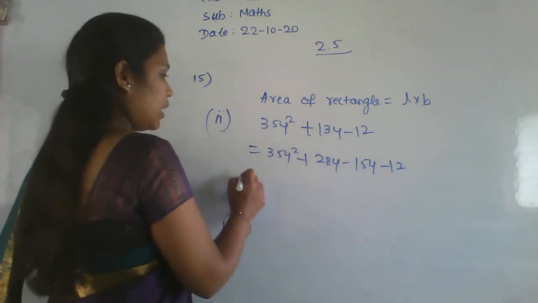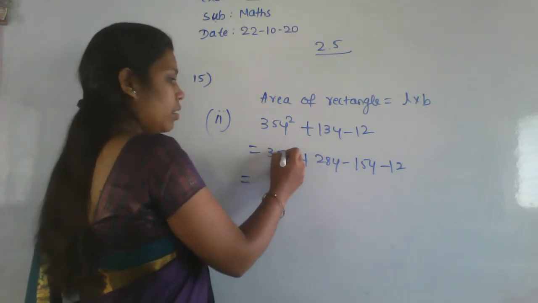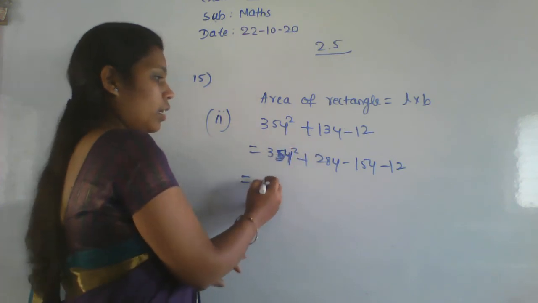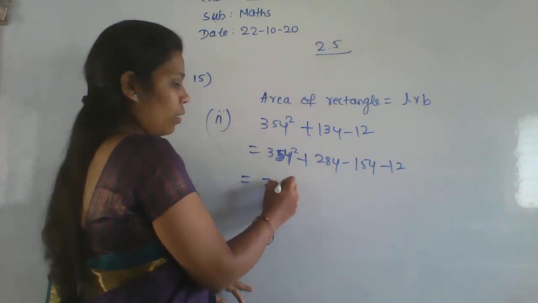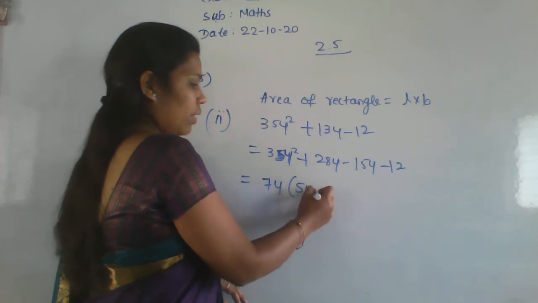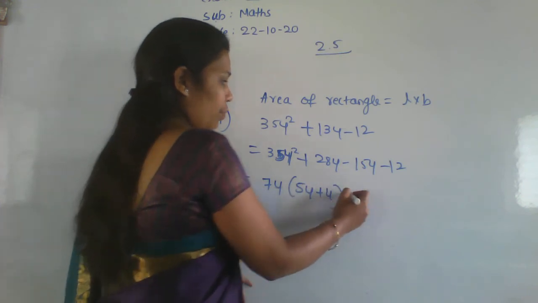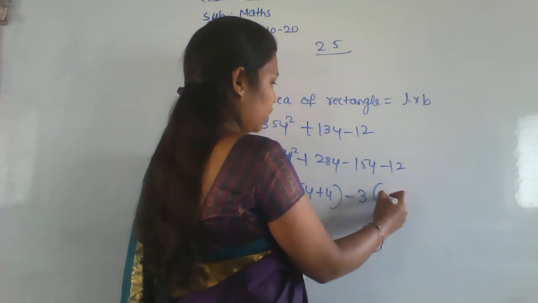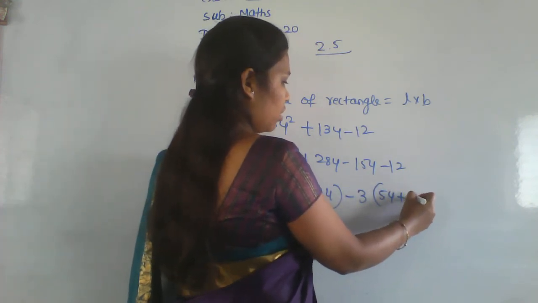So that is here 35y squared, right? Take 7y common: 7y(5y plus 4) minus 3 common: 3(5y plus 4).